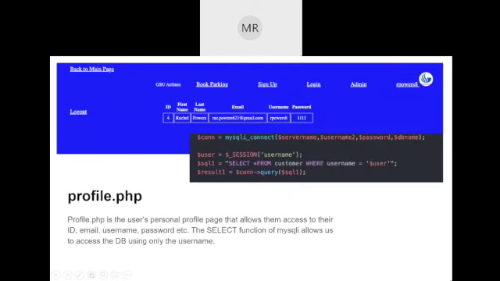And profile.php. So profile.php is the personal profile PHP that allows users to access their ID, email, password. So if we want to access it anytime, we can always get back and access it. And if you see, we have used dollar user. So this is MySQL.